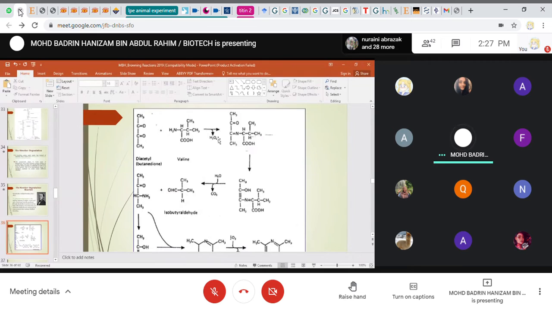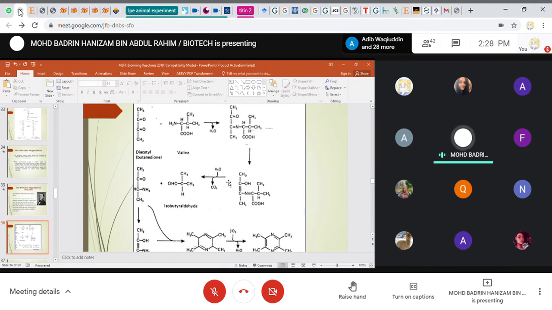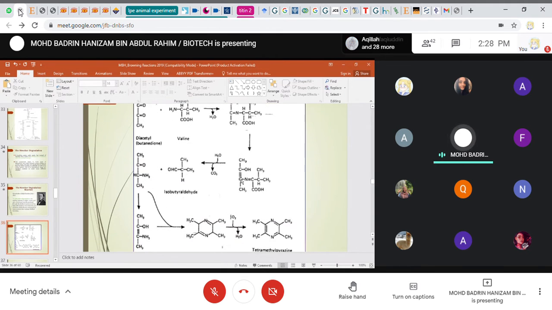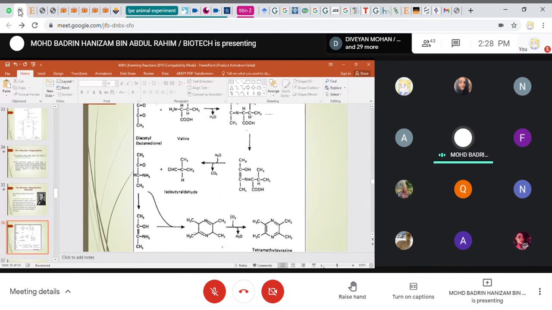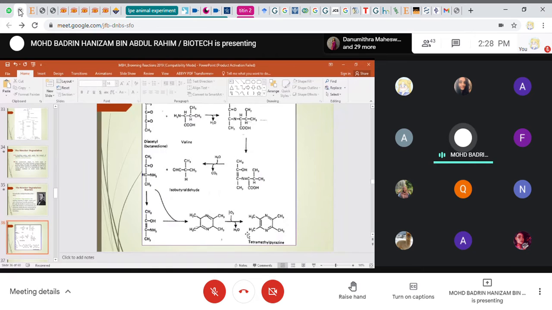When it reacts with valine, the reaction will produce this compound. It binds at the alpha amino group here. Then it can have subsequent reactions, and if you start with diacetyl and it reacts with valine, the end product you will have is tetramethylpyrazine.